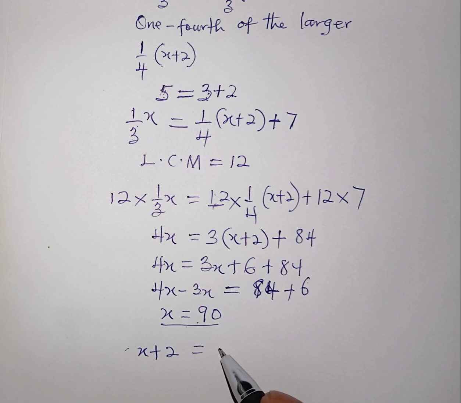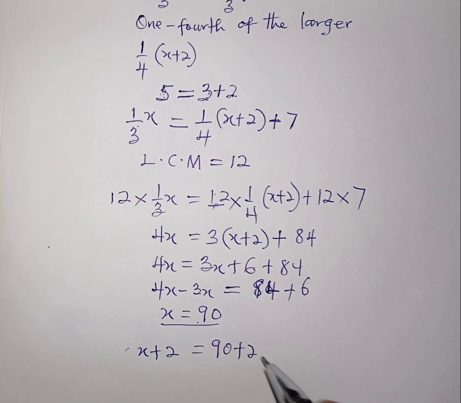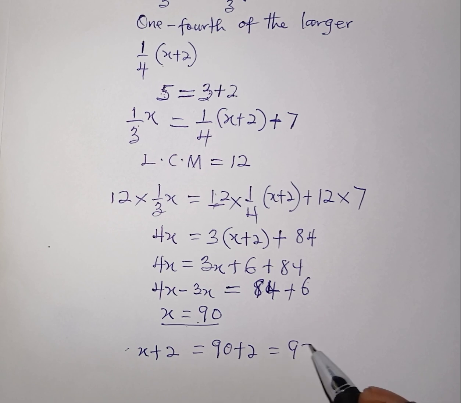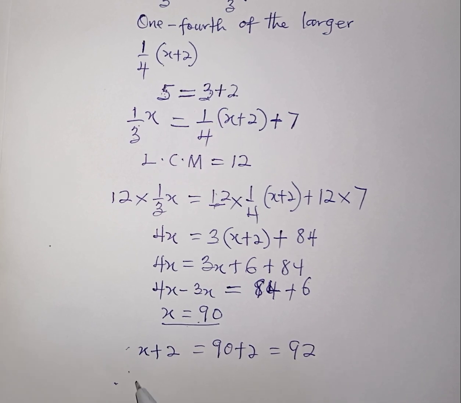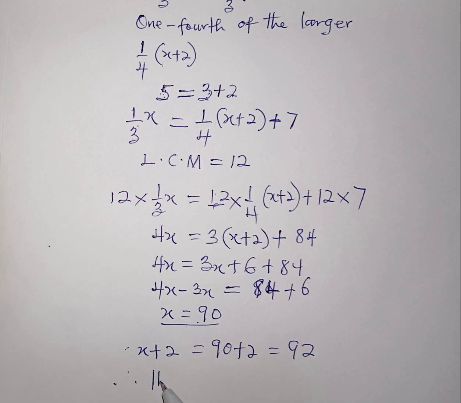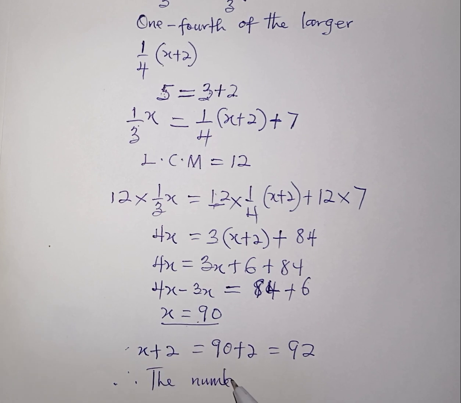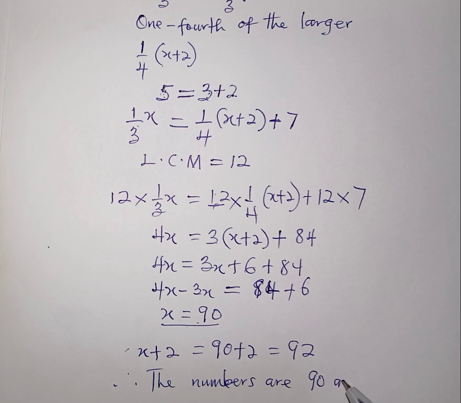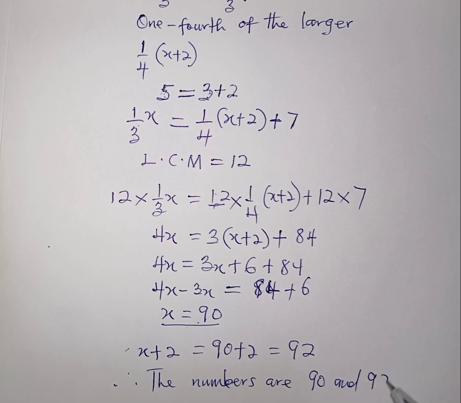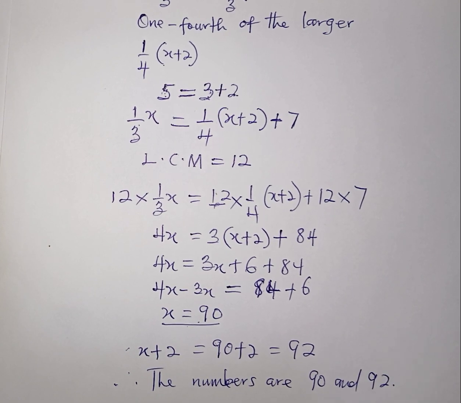In that case, x is 90, so we get 90 plus 2, and that gives us 92. So we can conclude that the numbers are 90 and 92.